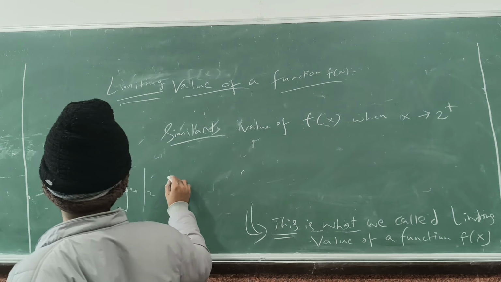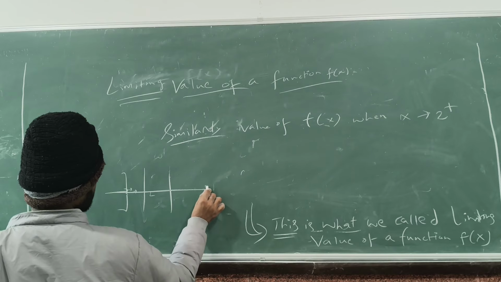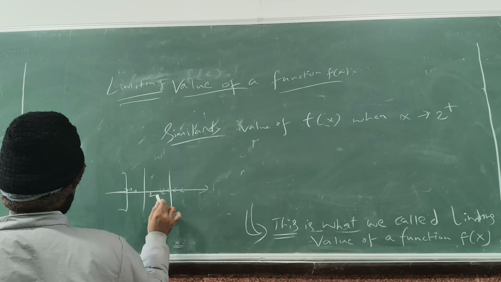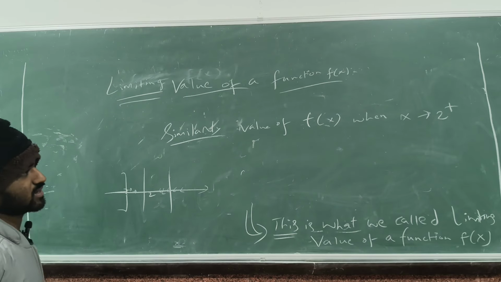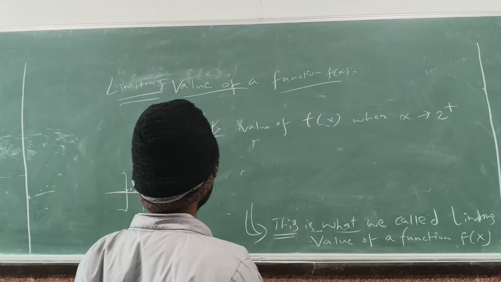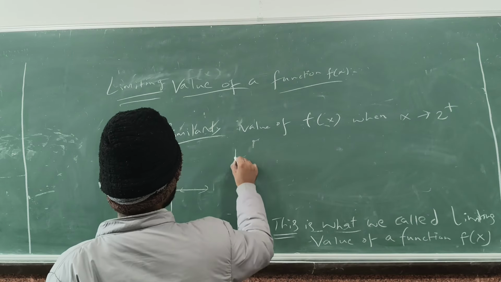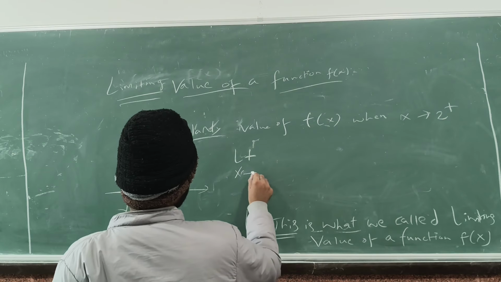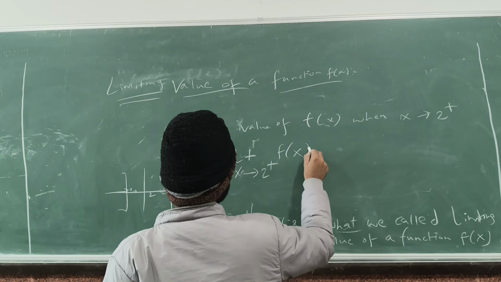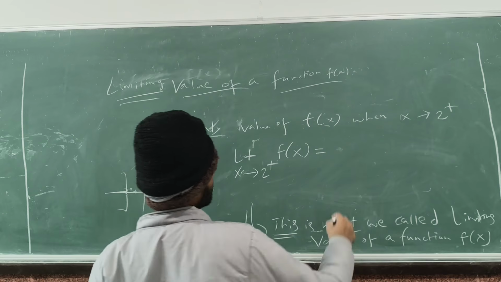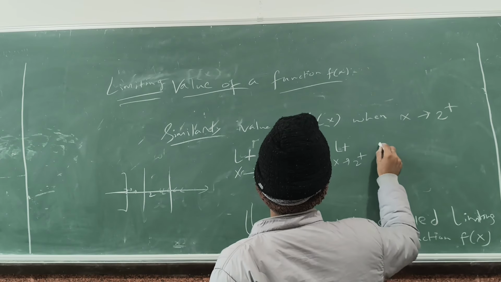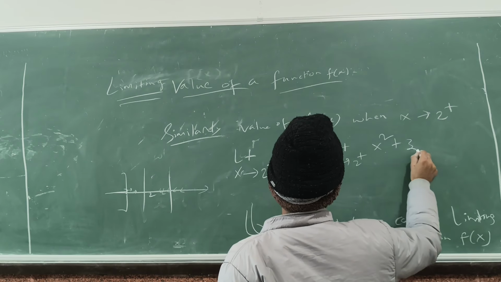Okay, this is the number line, this is 2 and x is approaching from the right side of the 2. We can write as limit x tending to 2 plus, as we discussed before, f of x equals limit x tending to 2 plus x square plus 3.